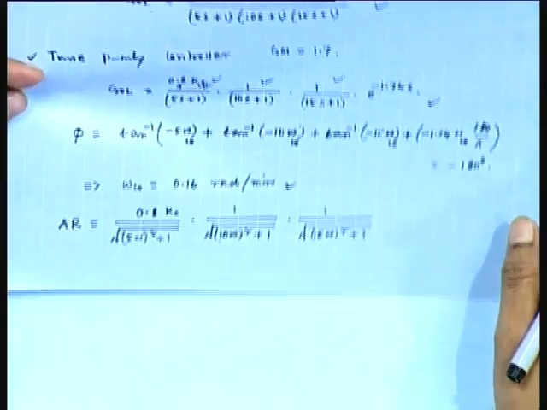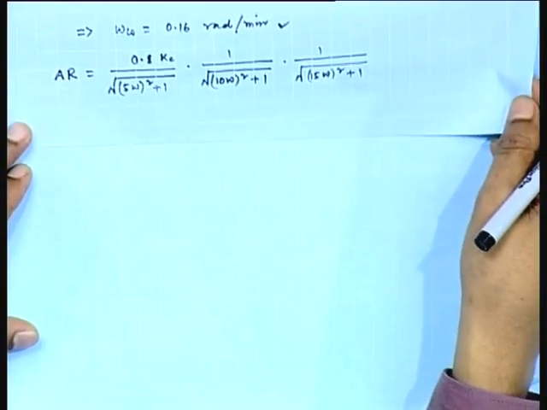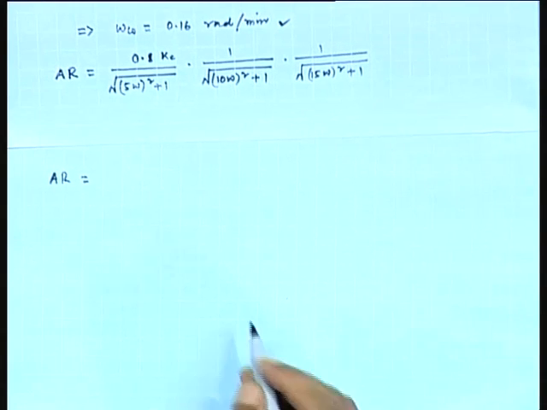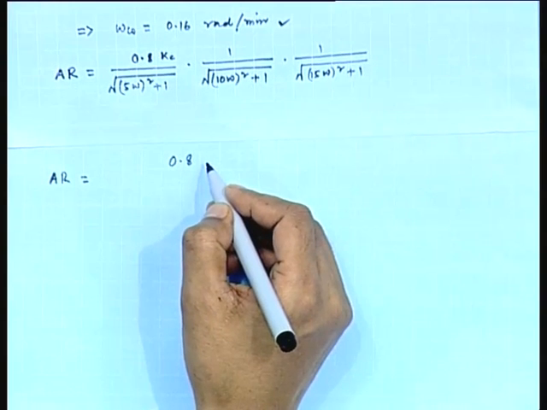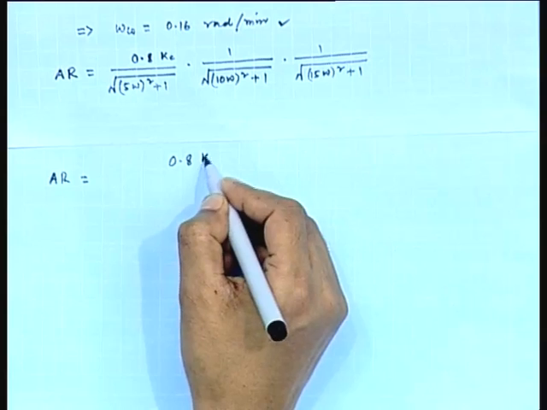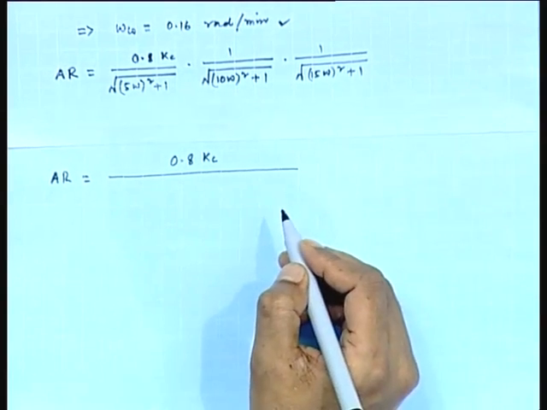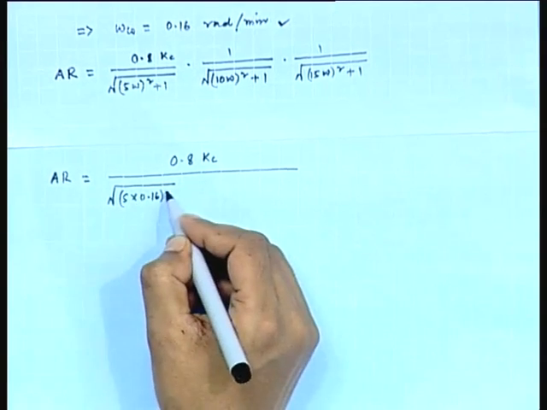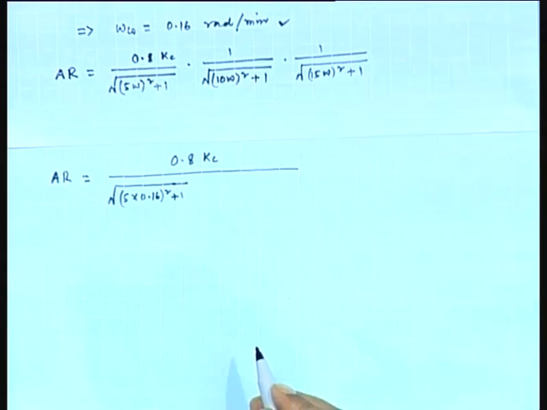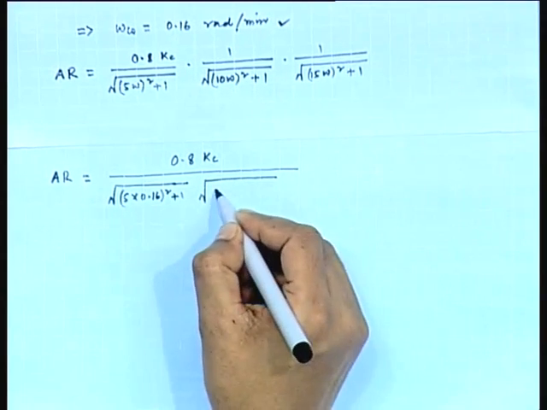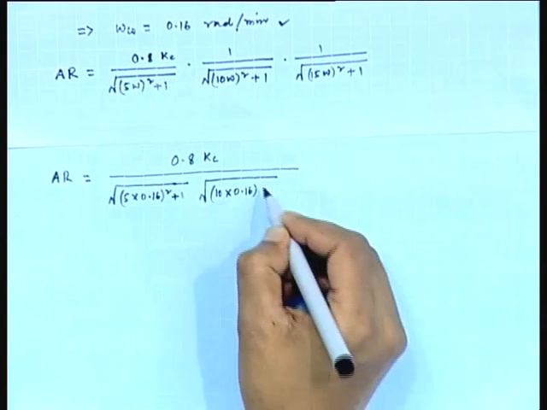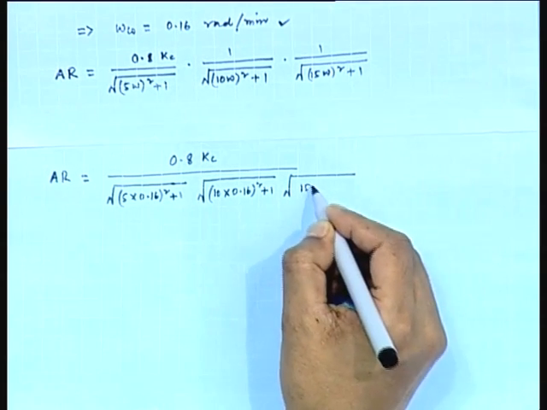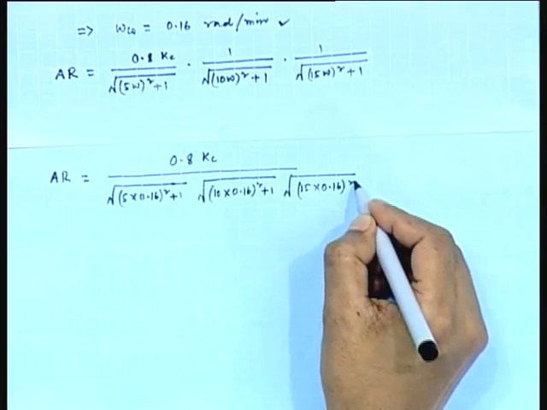Now, we will substitute omega equals omega CO. Then we can write the expression for amplitude ratio as 0.8 Kc divided by 5 into 0.16 whole square plus 1, 10 multiplied by 0.16 whole square plus 1, 15 multiplied by 0.16 whole square plus 1.